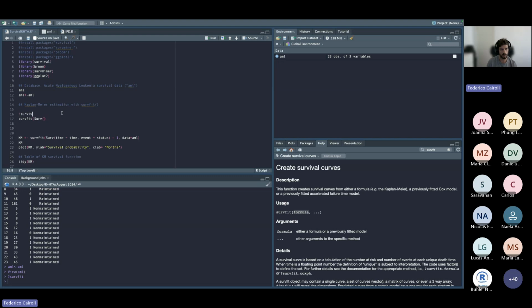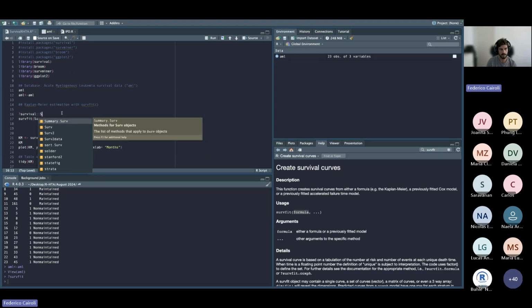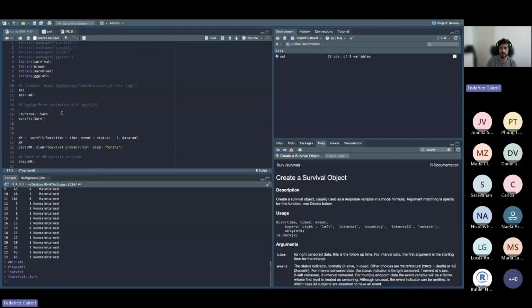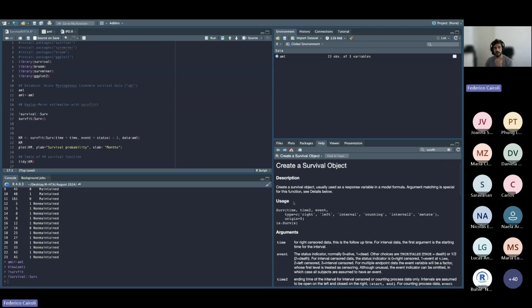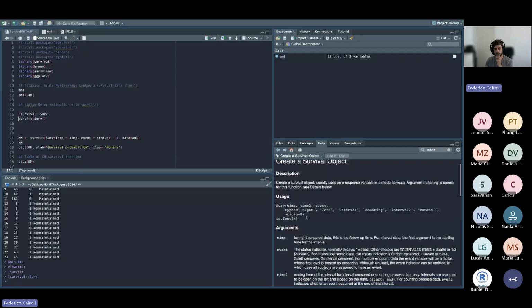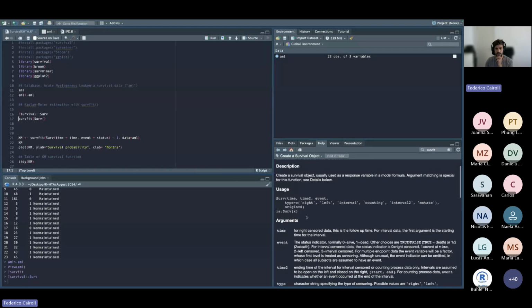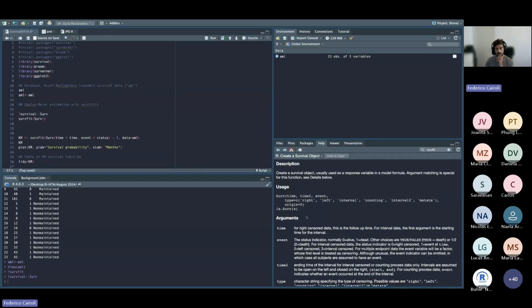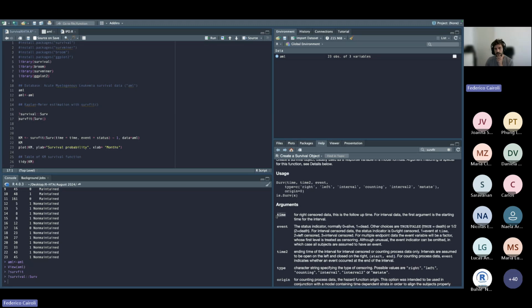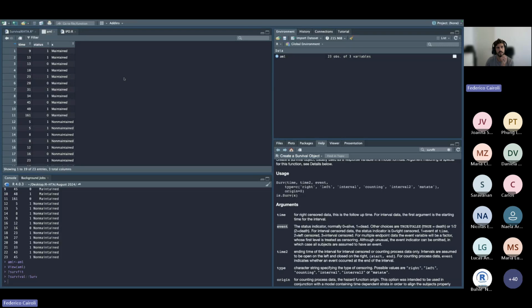So again, we put survival because survival is the name of the package, and then Surv. And we are going to see that this specific function is useful to define this formula that I mentioned before. And basically what this sub-function needs is time, data on time, and data on event. Remember that we have this data from our data set here: time, follow-up time, and event.